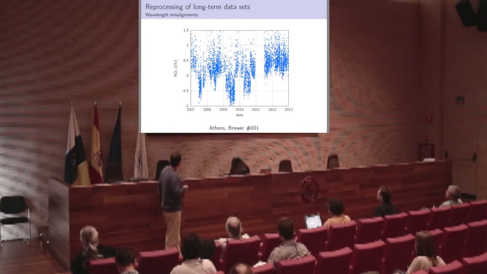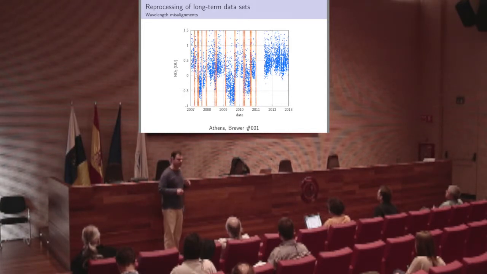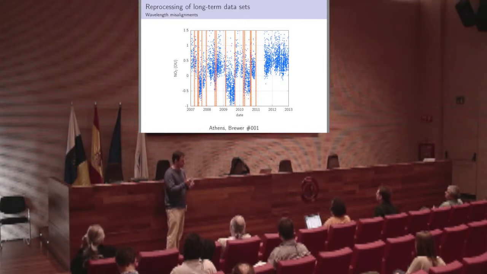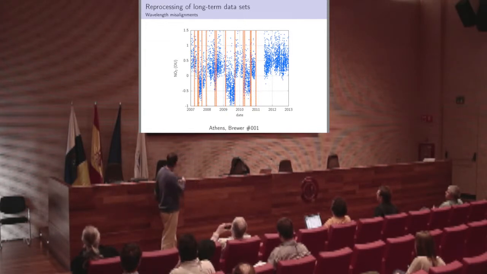And after careful investigation, I noticed that all these events are related to the wavelength setting of the Brewer. So each time you change the operational step, for example, as a consequence of a SunScan test, or every time you change the HG lamp or you touch the micrometer, you can have these changes.